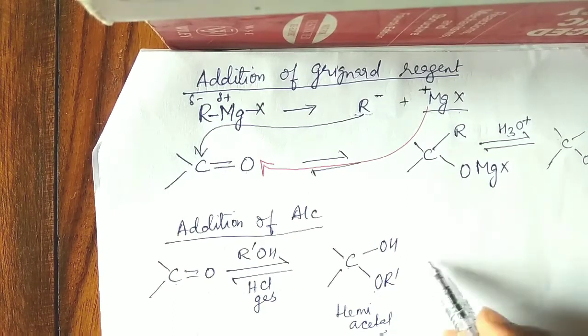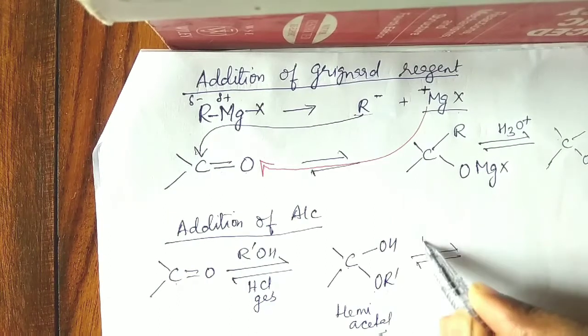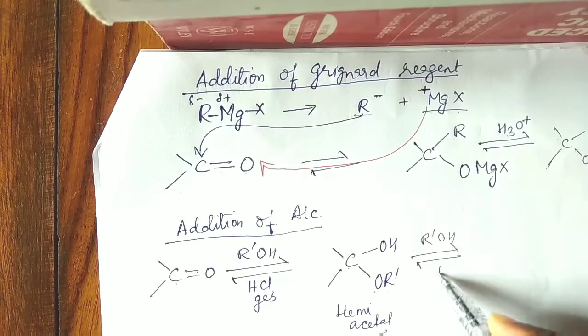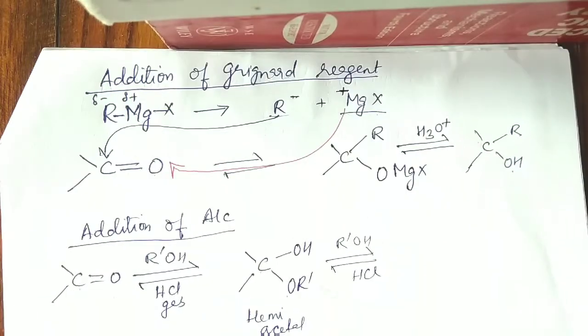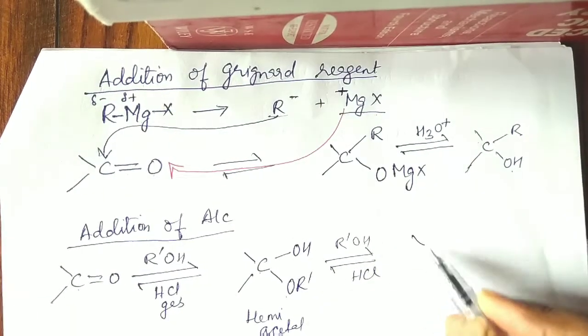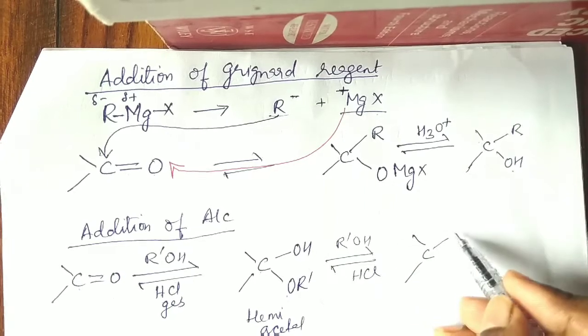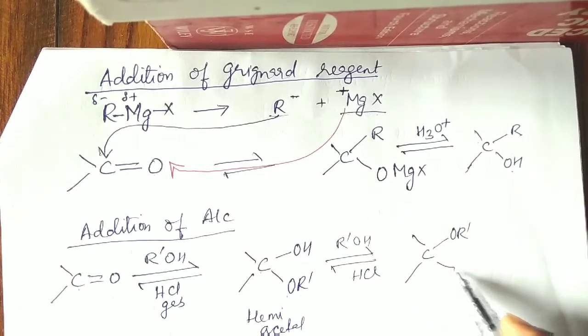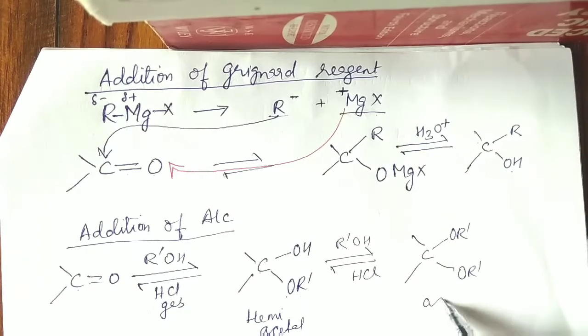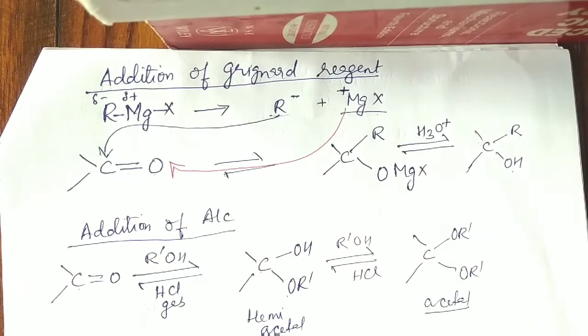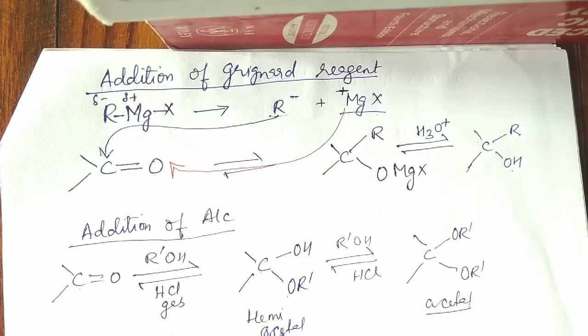And when this hemiacetal is further treated with another molecule of alcohol in presence of dry HCl gas, even the OH part will be replaced with an alkoxy group, and this is known as acetal. So what is an acetal? Dialkoxy compound is known as acetal. I repeat, dialkoxy is known as acetal, and alkoxy alcohol is known as hemiacetal.